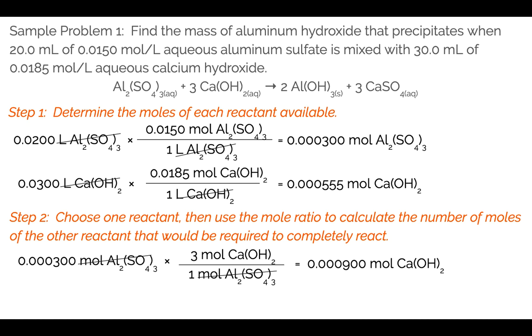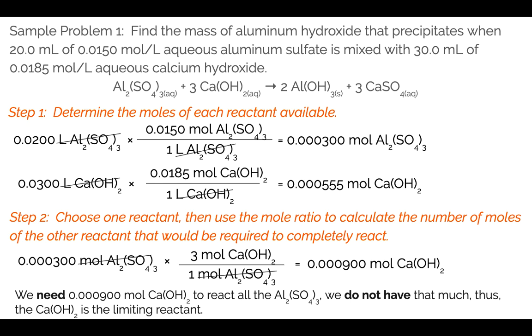So that's the amount of calcium hydroxide we would need if we were going to be able to react all of the aluminum sulfate. And we do not have even close to that much, right? We've only got 0.000555 moles, so that's quite a bit less. So what that tells us is that the calcium hydroxide is the limiting reactant.